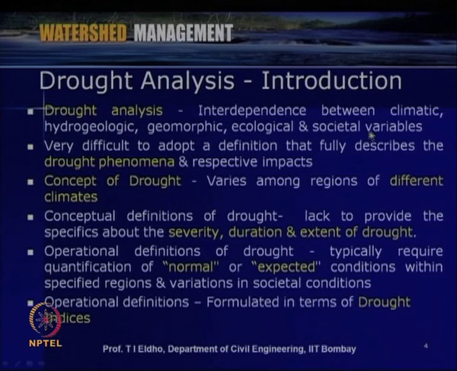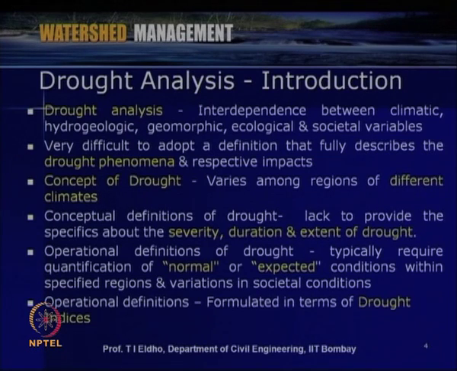Drought analysis shows the interdependence between climatic, hydrogeological, geomorphic, ecological and societal variables. As we discussed in the last lecture, there are a number of parameters we have to consider, and these parameters decide when the drought will occur, the onset of the drought, the intensity of drought or the characteristics of the drought.